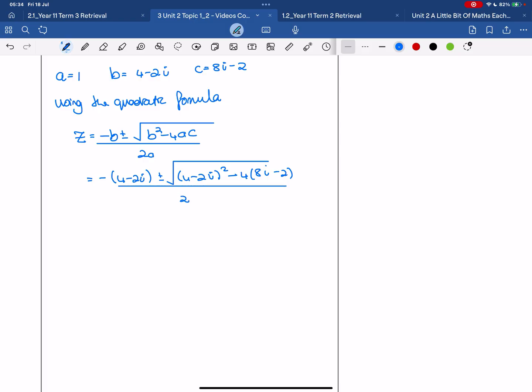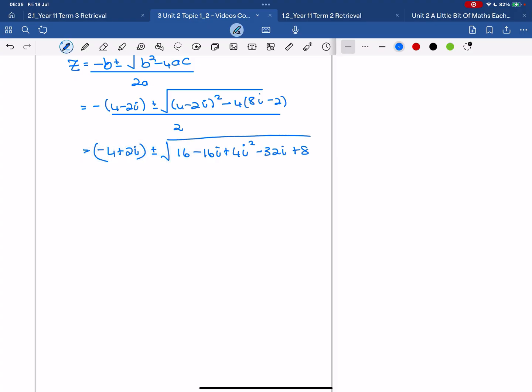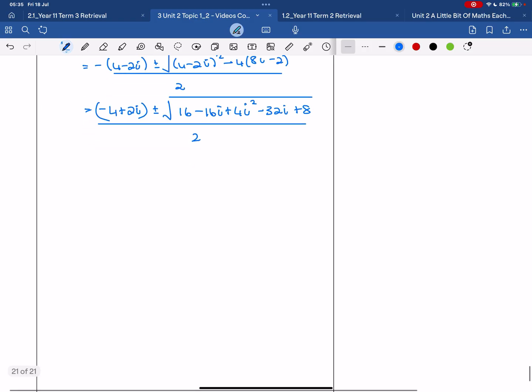all over 2. And I'm going to expand that, so negative 4 plus 2i plus or minus the square root of 16 minus 16i plus 4i squared minus 32i plus 8 all over 2, and we remember that i squared is negative 1.